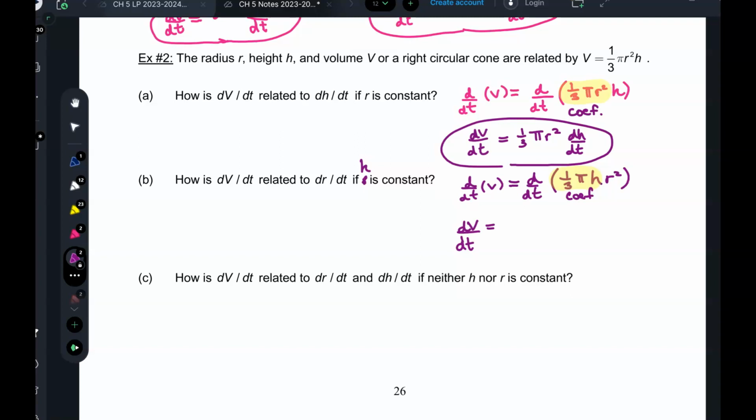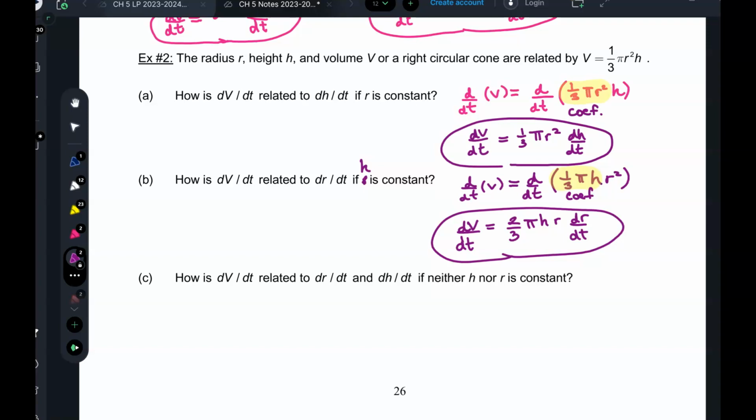So 2/3 pi h r times dr/dt. Does that make sense? Because if all of this is my coefficient, it's really just doing the derivative of r squared, which is 2r dr/dt.